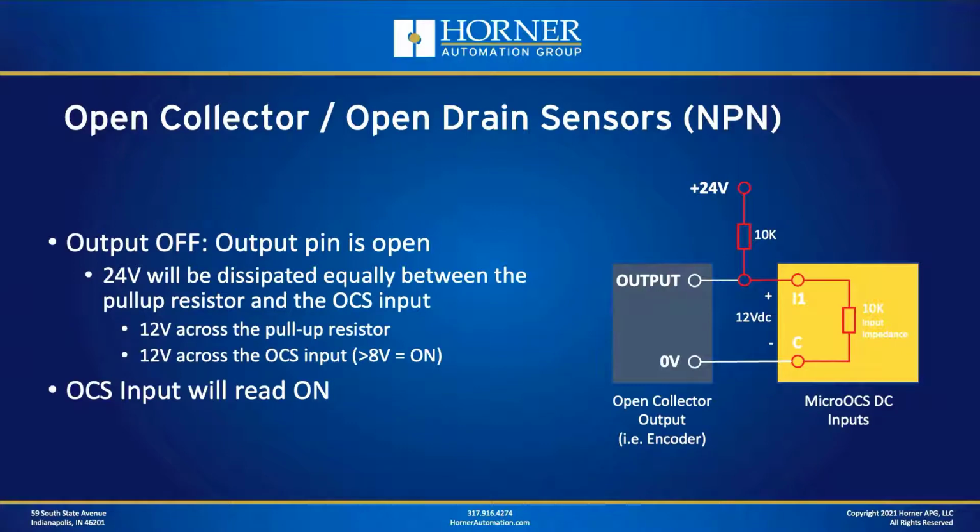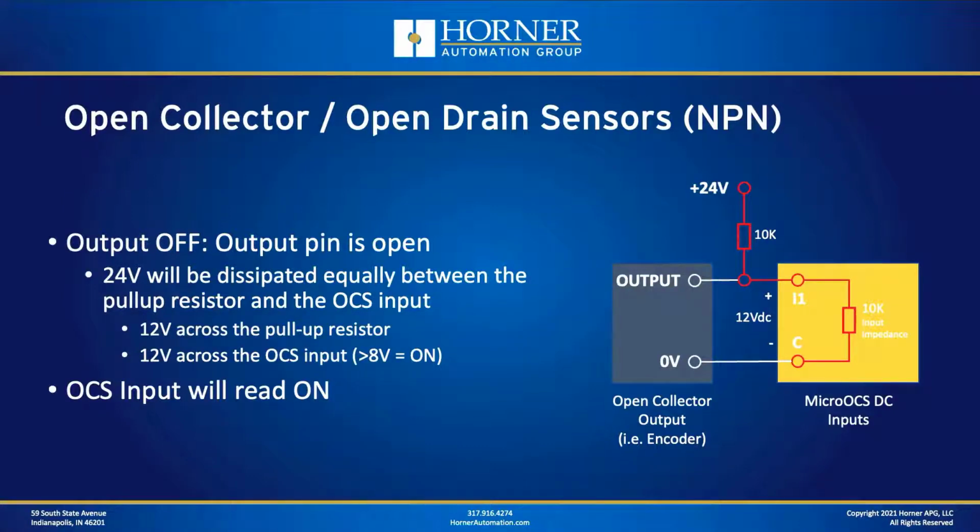So what happens then is that the current flows from 24 volts through the 10K pull-up resistor and then through the 10K internal input impedance on the module and then to ground. So that means that the 10K external resistor and the 10K internal resistance effectively are dissipating an equal amount of the 24 volts, basically 12 volts each.